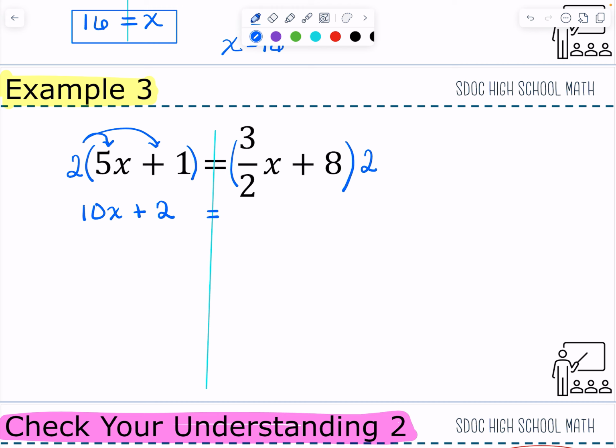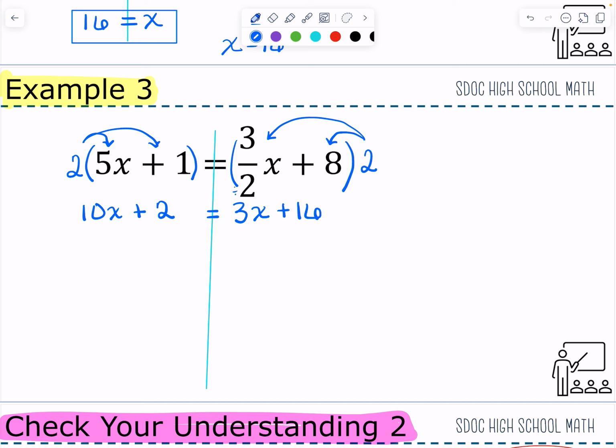Okay, we are going to do 2 times 3 divided by 2. So 2 times 3 is 6. 6 divided by 2 is 3. So I have 3x, and our fraction is gone. Now I have 2 times 8 gives me positive 16. Okay?